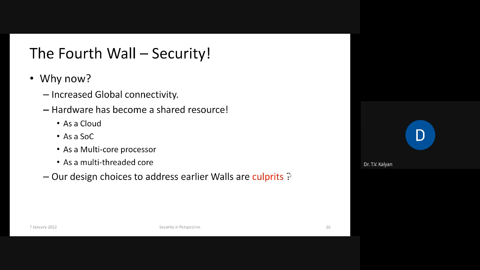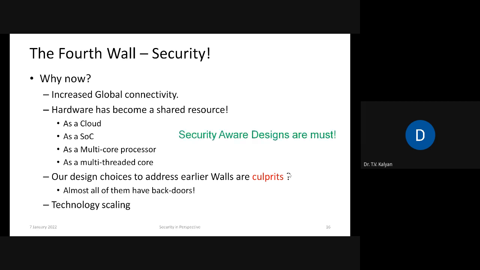Can we say the design choices we made earlier were bad? No, but they had some vulnerabilities that we overlooked. Now we can no longer overlook them, because they can act as backdoors for attackers. That is the reason we need to be more and more security aware with our newer hardware.